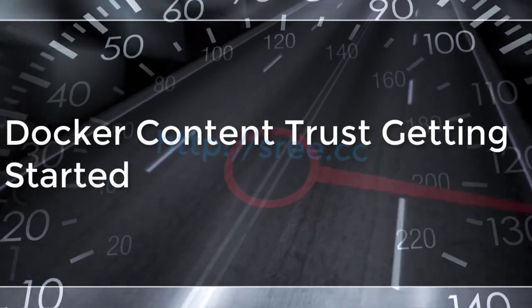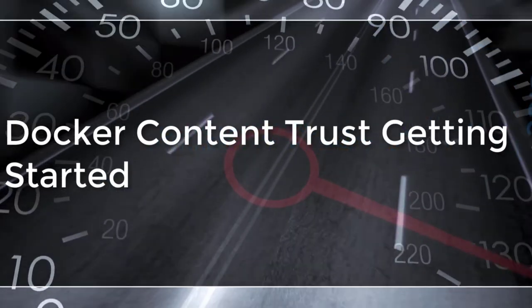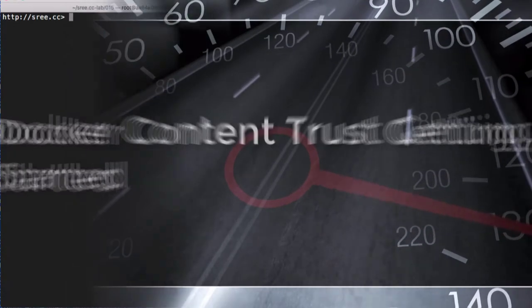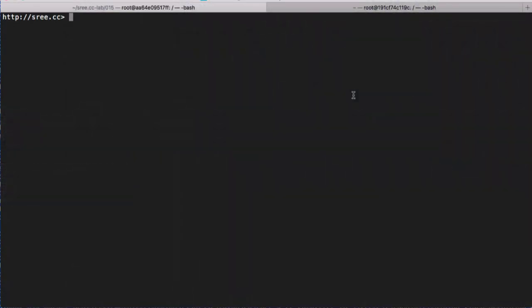This is lesson 16, and in this session, we are going to see Docker Content Trust. This is a part of the Docker security. So, what is Docker Content Trust? Docker Content Trust, or DCT, provides the ability to use digital signatures for data sent to and received from the Docker registries.